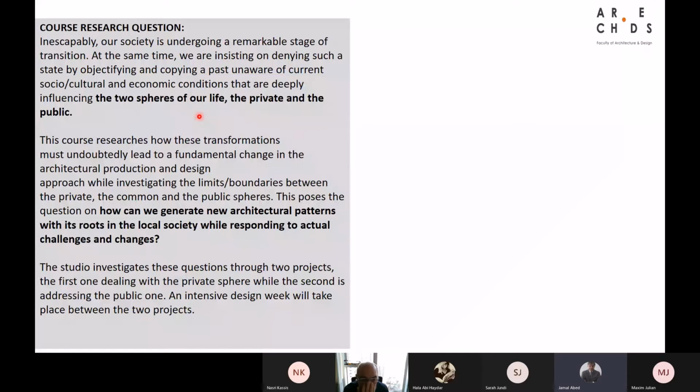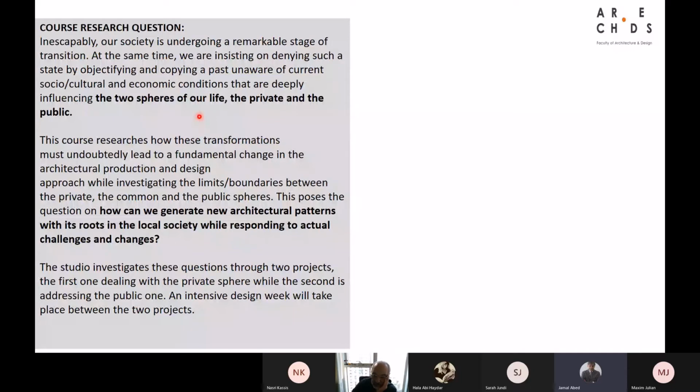What I'm saying is the course researches how these transformations must undoubtedly lead to a fundamental change in the architecture, production, and design, while investigating the limits and boundaries between the private, the common, and the public spheres, posing the question on how we can generate new architectural patterns with its roots in the local society while responding to actual challenges and those changes.